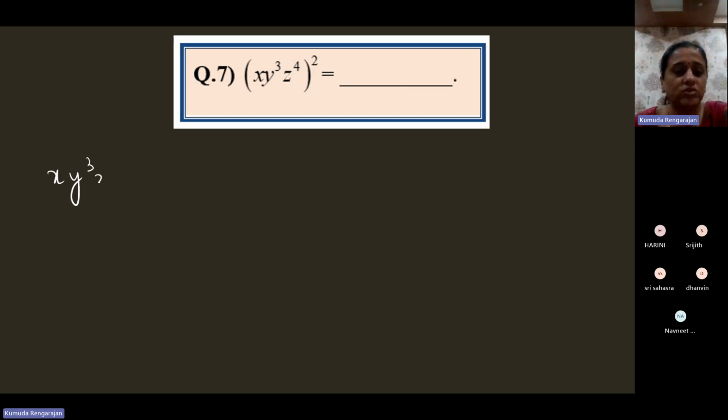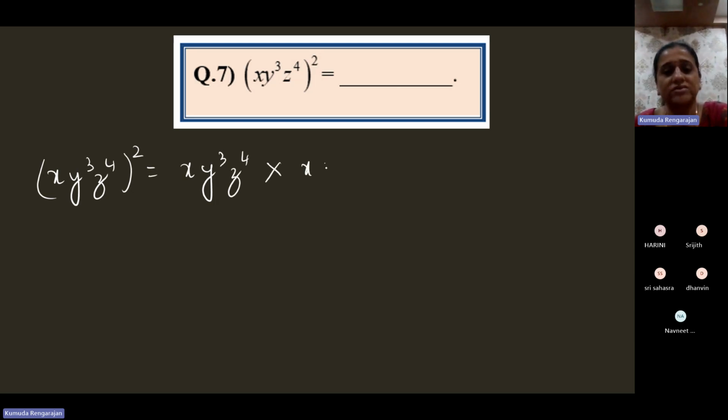See here. (xy cubed z to the power 4) the whole squared is equal to (xy cubed z to the power 4) into (xy cubed z to the power 4). I'll explain this in two different ways. The whole squared means multiply the base with itself.